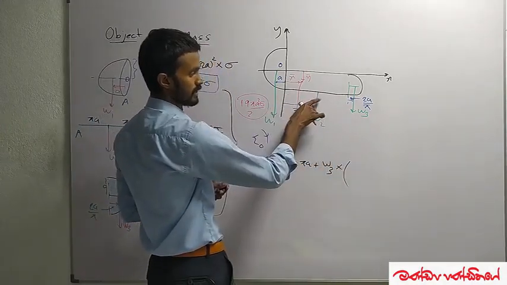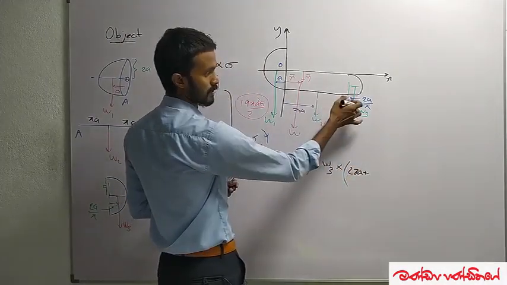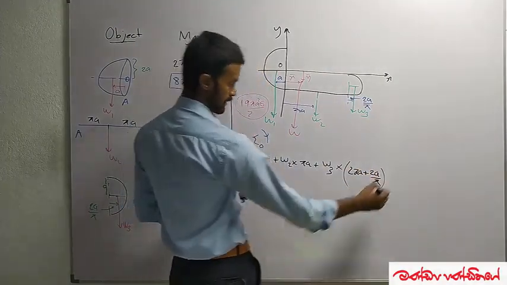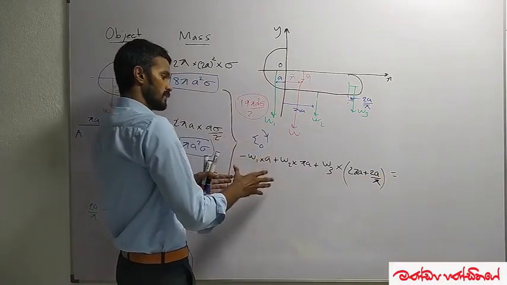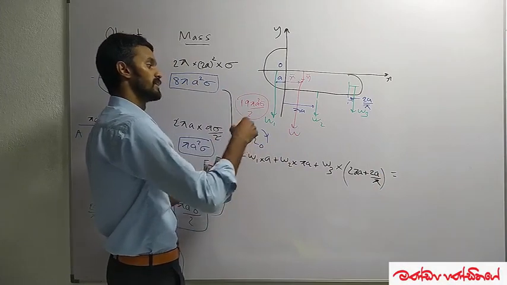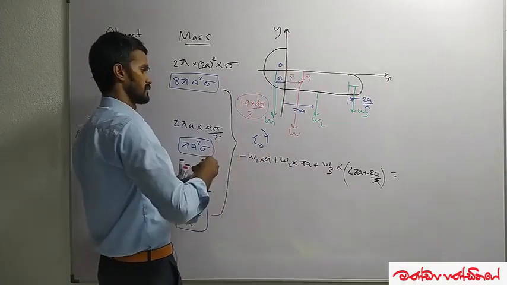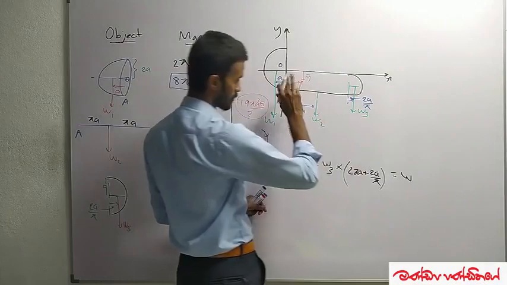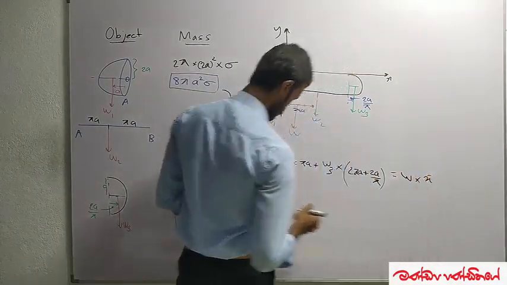Look, this distance is pi a plus this part, which is 2a over pi, equals, since the moment equation says the resultant of the moments around a point is equal to the moment of the resultant about that point, all clockwise, W into the distance x bar.